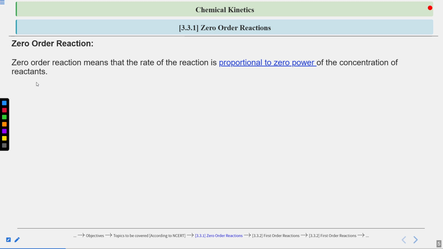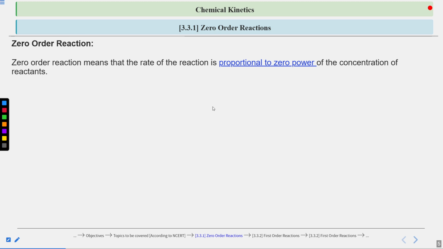Until now, the rate law was defined such that the rate will be directly proportional to the concentration of the reactant, raised to the power of the stoichiometric coefficient, which may or may not be present in the balanced chemical reaction. Right, so that was the rate law we have defined. Now, the zero order reaction, as the name says, zero.